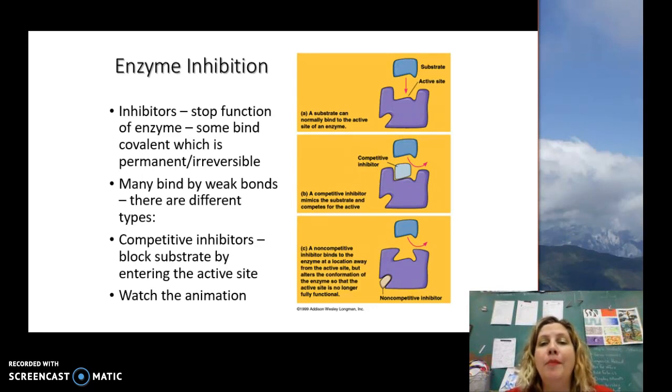But many competitive inhibitors bind by weak bonds. So a competitive inhibitor blocks the substrate by entering the active site. And that you can see in this diagram here. And then this diagram here, we're going to talk about non-competitive inhibitors next. But at this point, it would be a good idea to watch an animation of enzyme inhibition for a competitive inhibitor.